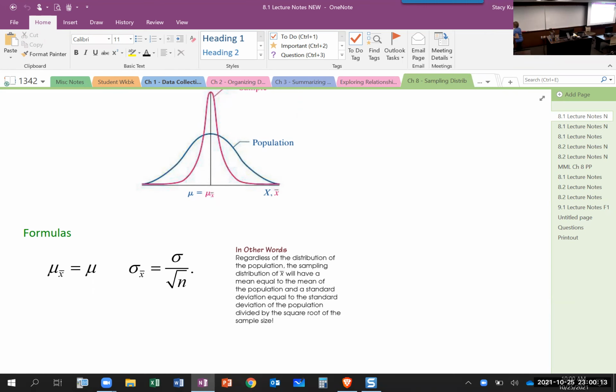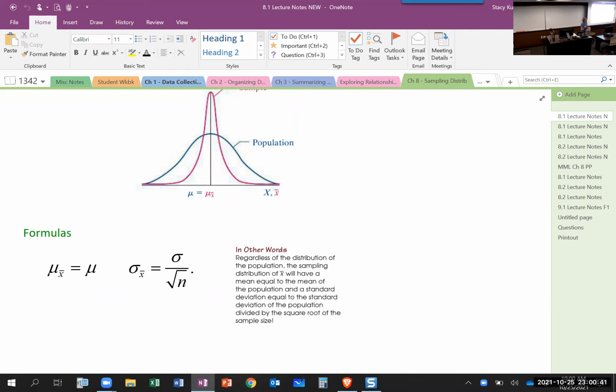The mean of the sample is going to be equal to the mean of the population. Notice that the symbols that we're using here, mu sub x bar. Does everybody see that? Mu sub x bar. So mu with a subscript of x bar says the mean of the sample distributions. So the mean of all of these sample means is equal to the population mean. We do know, however, that standard deviation is changing.